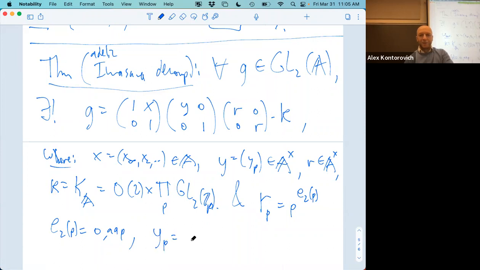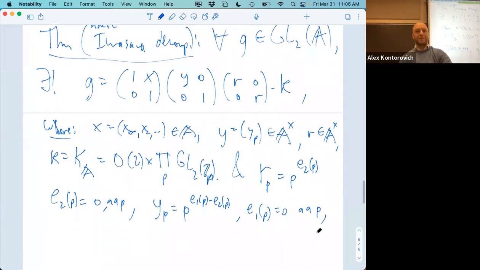Y_p is equal to p to the e1 minus e2, correct? e1 of p minus e2 of p, and e1 of p is 0 for almost all p. His R_p is in places of R.